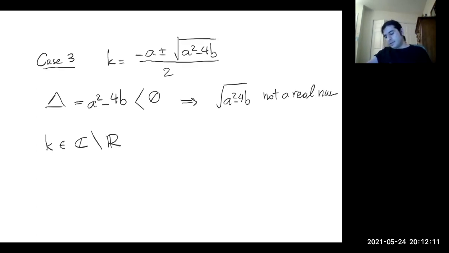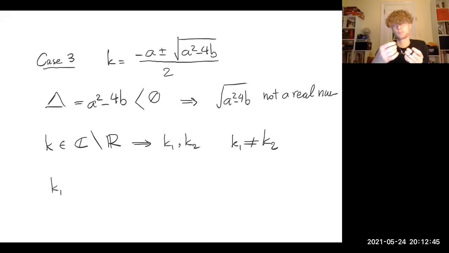So in this case, two things we would get: k1 and k2 are distinct. They are not equal, but they have a very interesting relation to each other. Does anyone know how these two numbers are related? They are not equal, but there is some relation between them. The point is that they would be conjugate to each other.